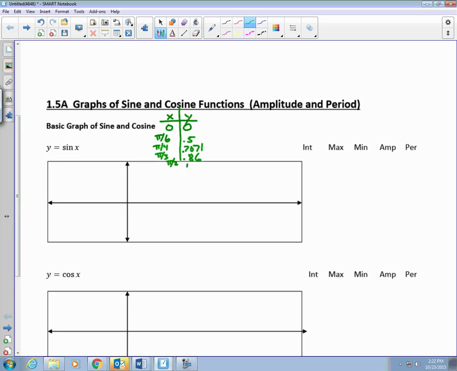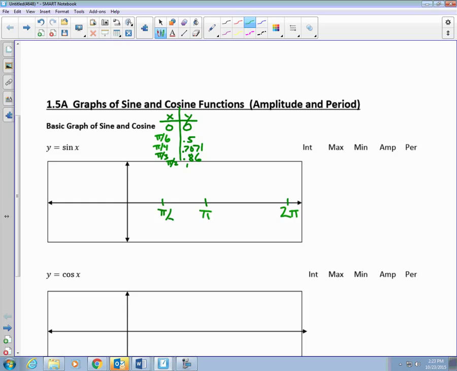What I'm going to do is sketch a graph. I'm going to mark it out. You have to get used to this. I'm going to call this 2 pi. What's halfway between 0 and 2 pi? 1 pi. What's halfway between 0 and pi?